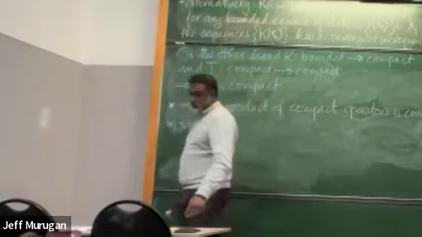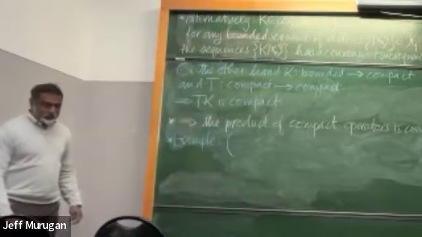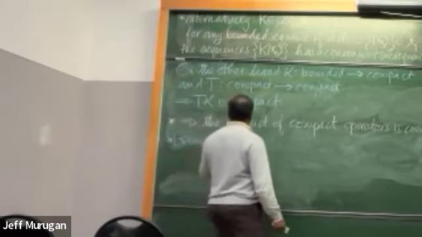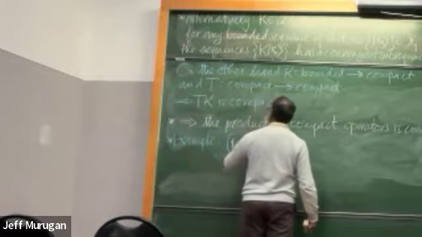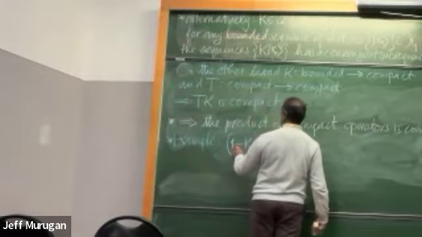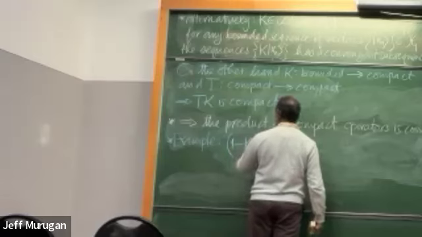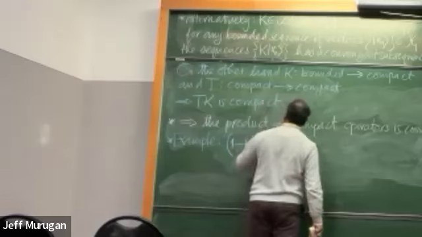Suppose I have a compact operator K, and I want to take 1 minus K, by which I mean the identity minus K, to the n power.